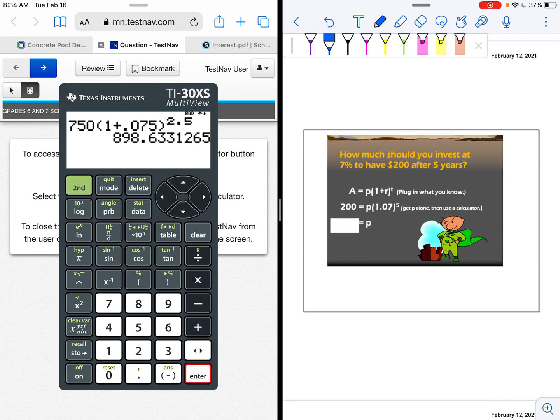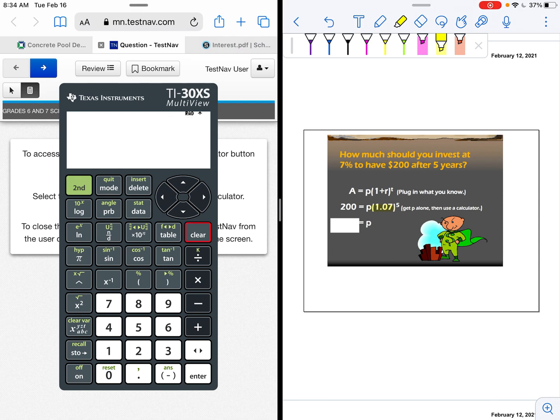Here's another one. How much should you invest at 7.5 to have $200 after 5 years? So you want your amount to be $200. So we're going to have to do some stuff backwards. So here you can see for this principal, I've already added the 1 to it, because if your interest rate is 7, that's 0.07, and then I add the 1 and I'm raising it to the 5th. So I'm going to do the math that I can.